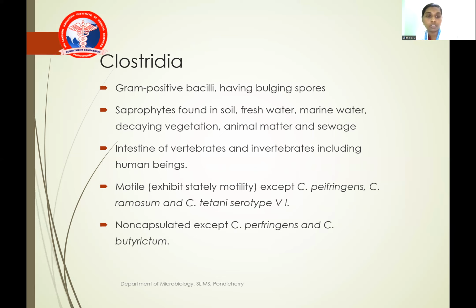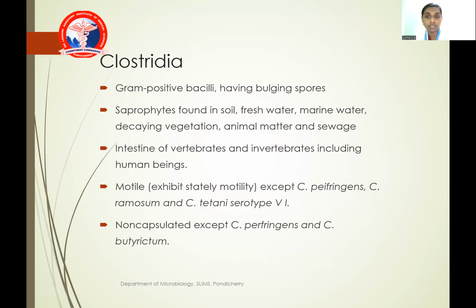Okay, so the Clostridia, they are motile. They exhibit stately motility, but there are exceptions. Clostridium perfringens, Clostridium tetani, serotype 6. You can remember those two. Sorry for the spelling mistake there. It is Clostridium perfringens. Okay, so the organism Clostridia exhibit stately motility.